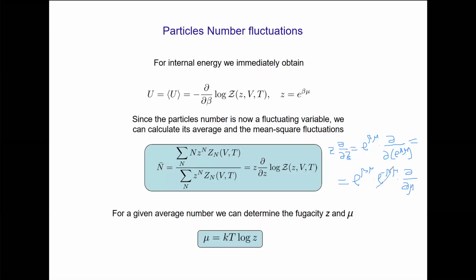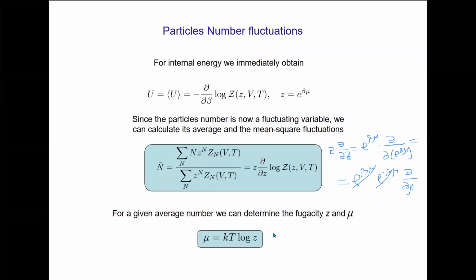So these two exponents cancel out, and you see that this is indeed nothing else but the partial derivative with respect to the chemical potential.